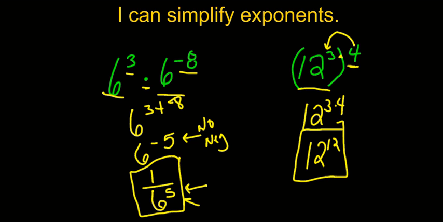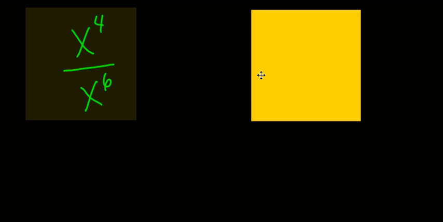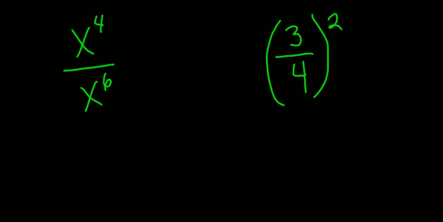Moving on, let's look at other types of problems where I have to simplify my exponents. Another couple would be when we're dealing with division. So when we're dealing with division, this time, instead of adding my exponents, I'm going to get to subtract. So here, x to the 4th over x to the 6th would be x to the 4 minus 6.